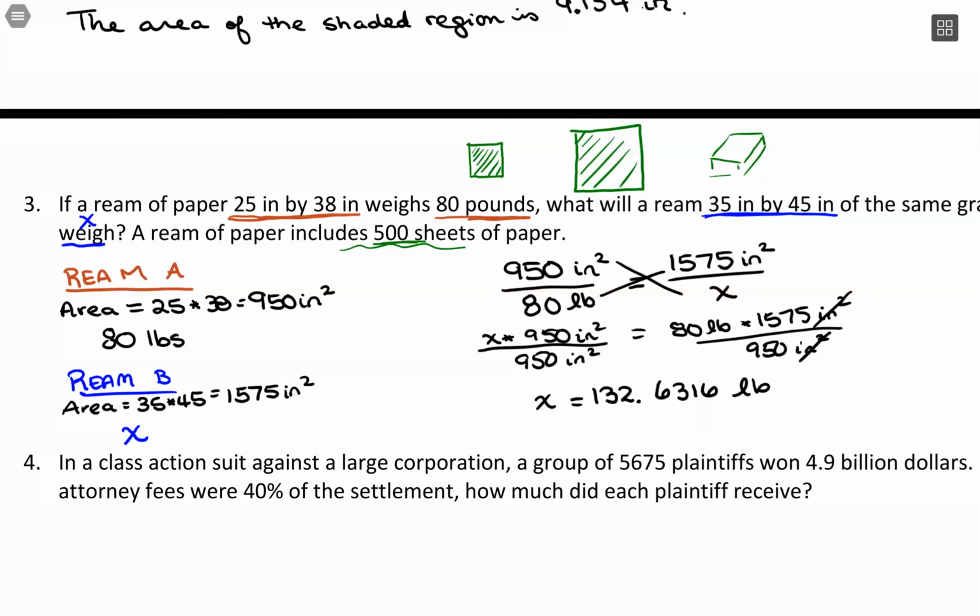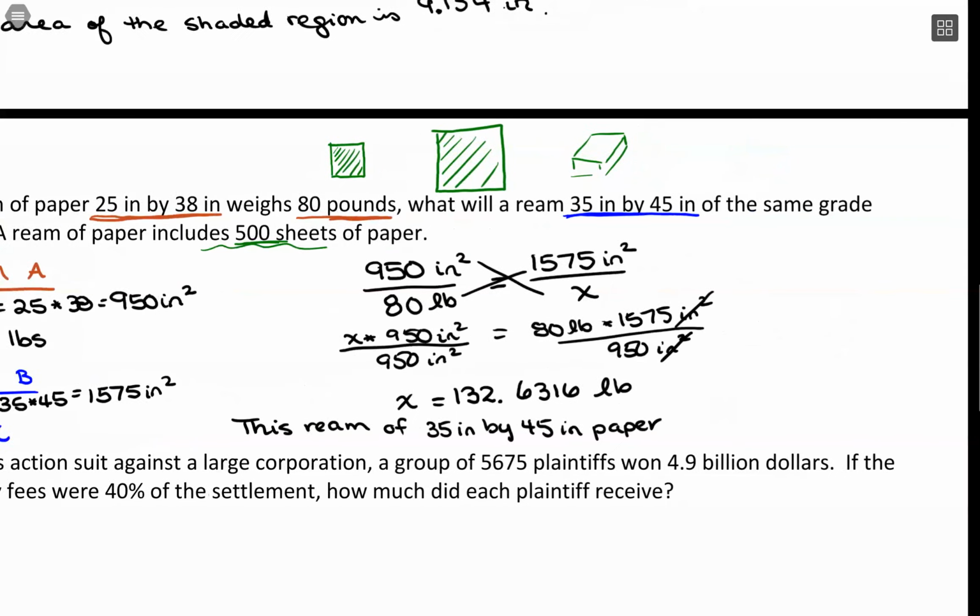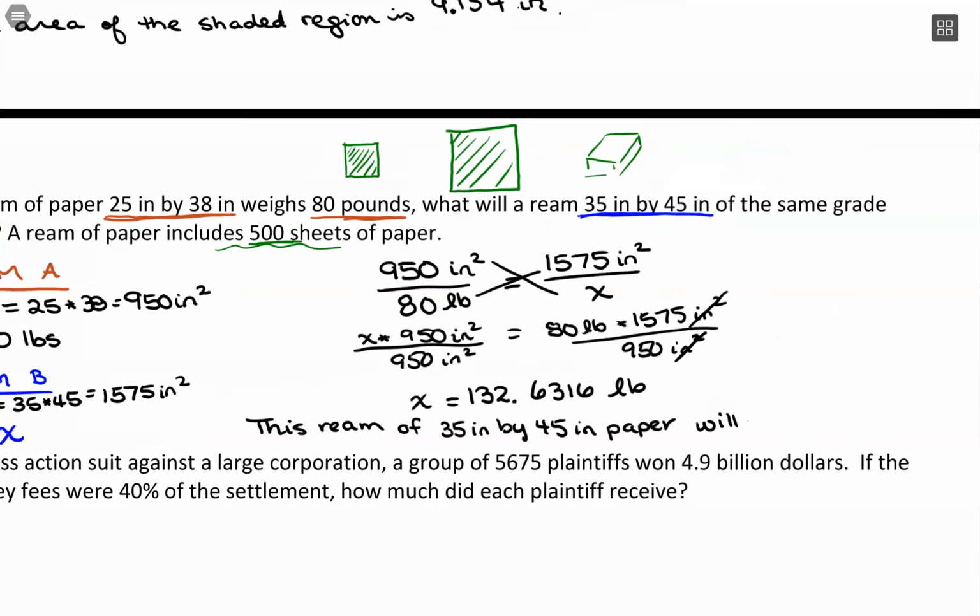So to make sure we answer the question, they want to know, what will this ream of the same grade weigh? This ream of 35-inch by 45-inch paper will weigh 133 pounds.